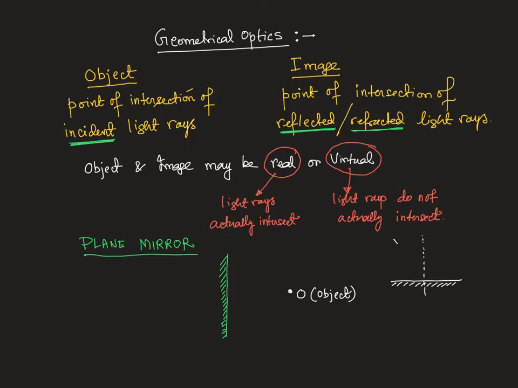Two laws, na? Incident ray, and this is reflected ray, and this is normal. There are two laws actually. First law says the incident ray, reflected ray, and the normal are coplanar.